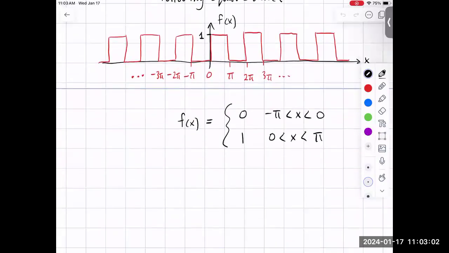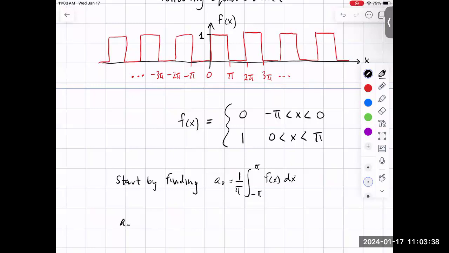Okay, so let's start by finding a0. It is this integral of f of x between minus pi and plus pi, and then there was a coefficient of 1 over pi out front. All right, so for this f of x, we're just going to use this definition of the function. It's a piecewise continuous function, so let's separate the integral into two parts.